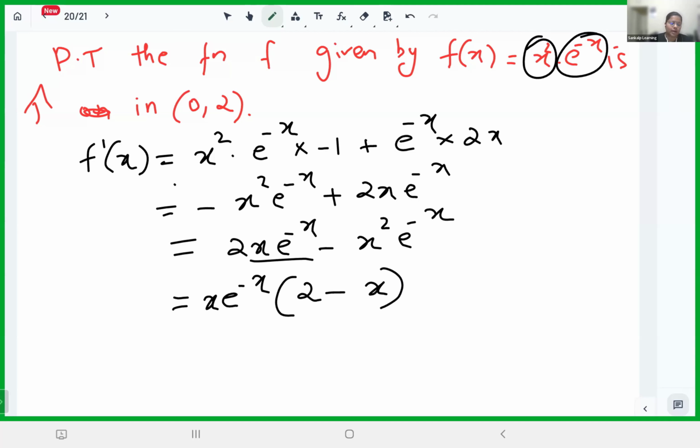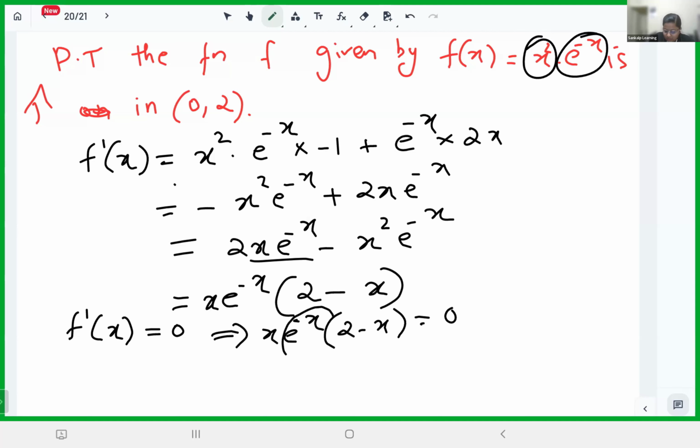Now you have to find out the critical points, since they have asked you to prove that the function is increasing in the interval 0 to infinity. For critical points, put f dash of x equal to 0, which implies x into e raised to minus x into 2 minus x is equal to 0.